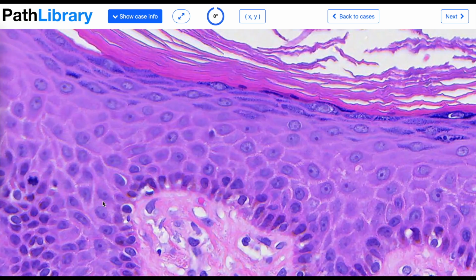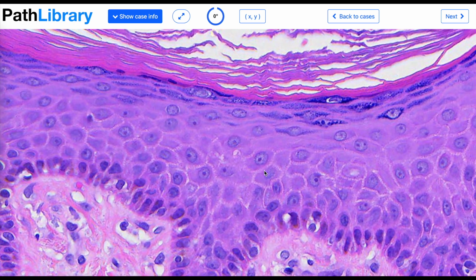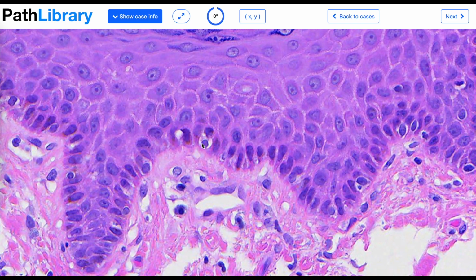That's in contrast to keratinocytes, where, yes, they have these intercellular bridges separating them, but there's not a whole lot of space between the cytoplasm of one keratinocyte and the adjacent keratinocyte, because they're so linked together by those intercellular bridges. Whereas melanocytes have that cleft-like space between their cytoplasm and their neighboring keratinocytes.